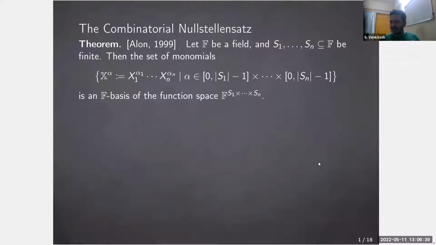I'm writing it slightly differently, and I'll get into why I have written it this way. Let F be an arbitrary field and S1 to Sn be finite subsets.